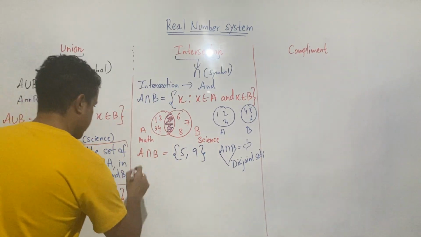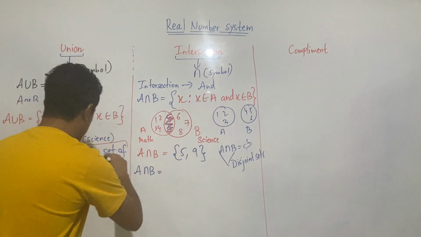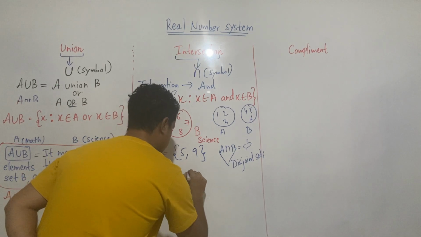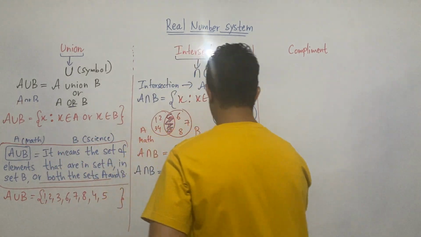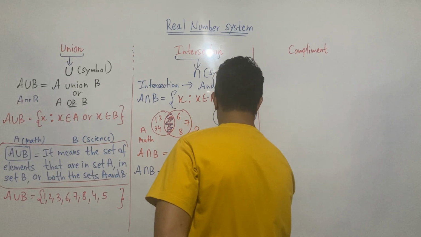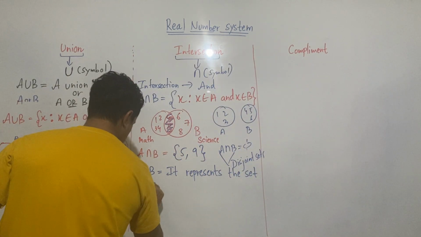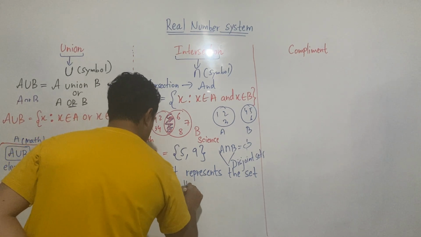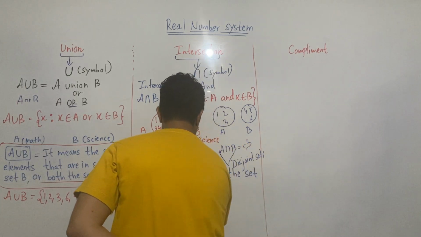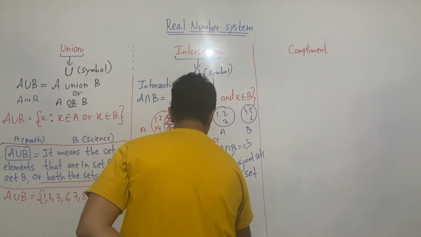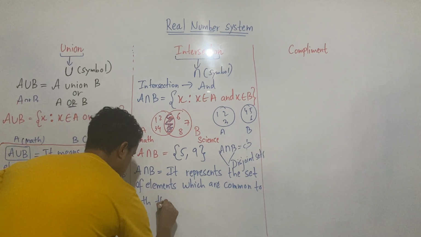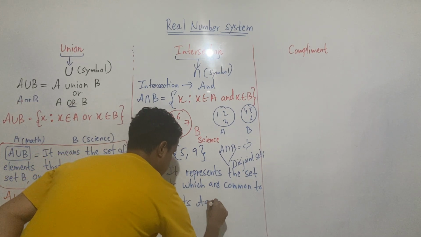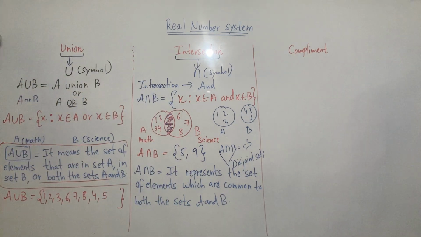So here I can say that A intersection B represents the set of elements which are common to both the sets A and B. I hope you understand it, and I hope this is visible to you.